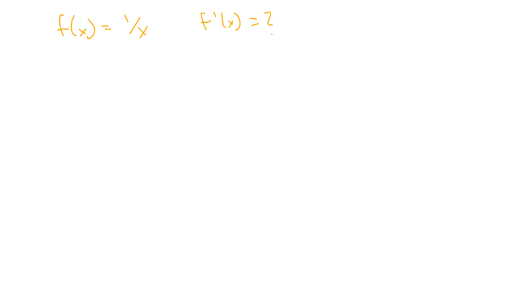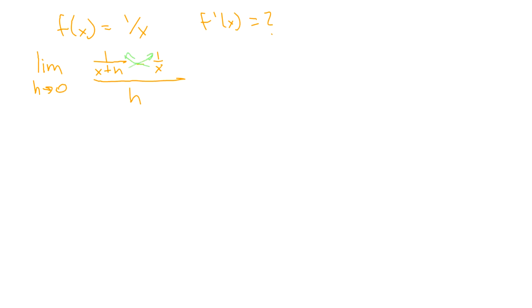We're going to have our limit as h approaches 0, and we get 1 over x plus h minus 1 over x, all over h. So now we're kind of stuck. There's not much we can do right now, but let's try finding a common denominator to see if we can move anywhere else with this.